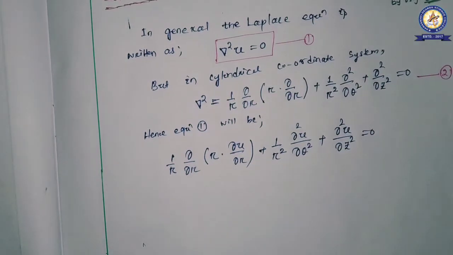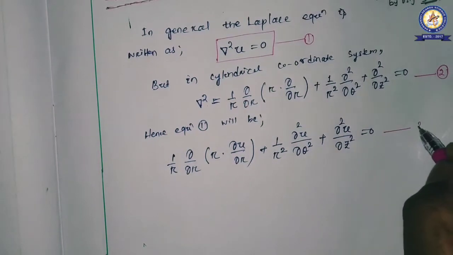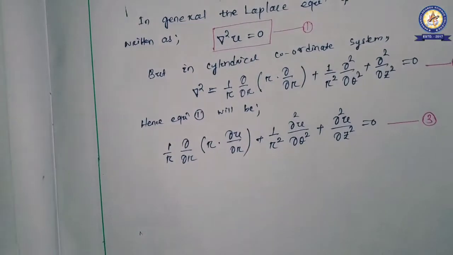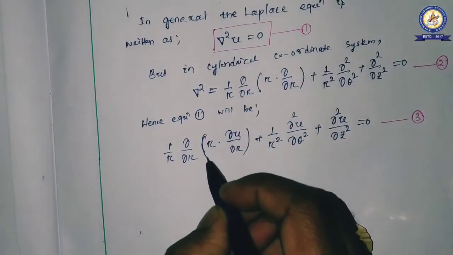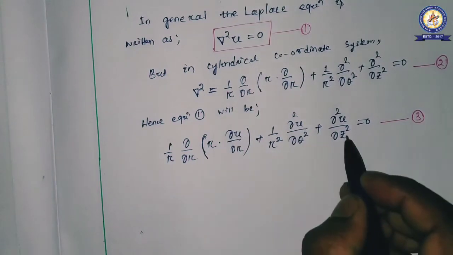Let this be your equation number 3. From equation number 3 one can understand that u is the function of r, theta and z.